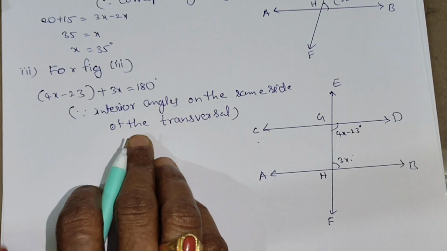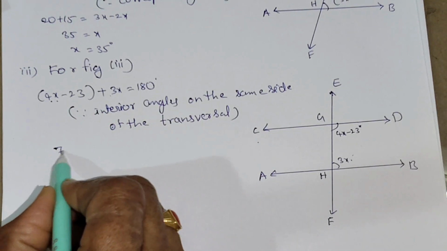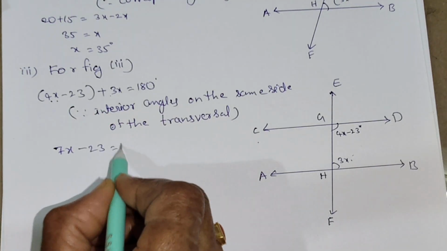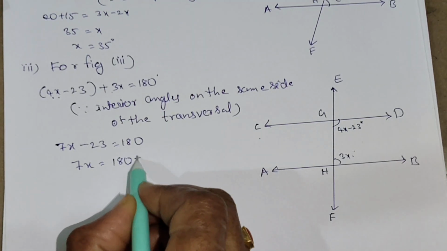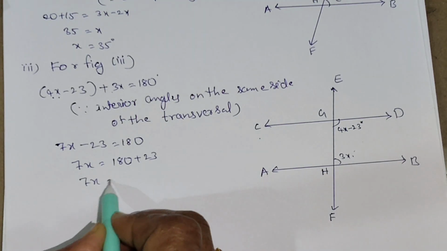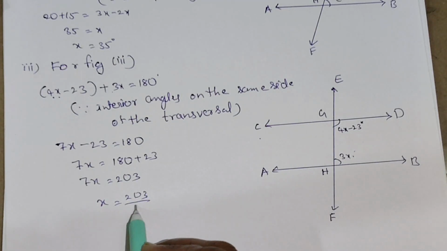So 4x plus 3x is 7x. 7x minus 23 equals 180. 7x equals 180 plus 23, so 7x equals 203. x equals 203 by 7.